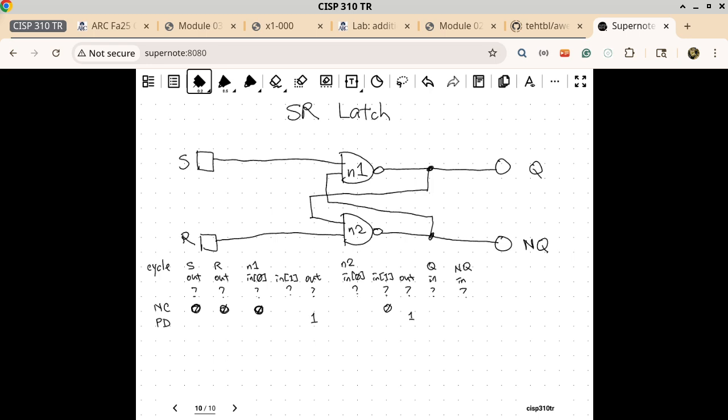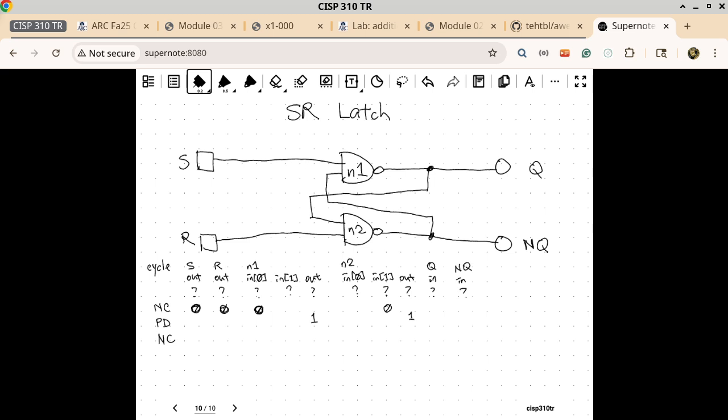All right, so that's the end of the PD row. We are not changing Q or NQ at this point. That would be the responsibility of the next NC row. So the next NC row says, okay, were there any output pins changed because of the previous PD row? We look at the PD row and we go like, yep, this change is on an output port, this change is also on an output port.